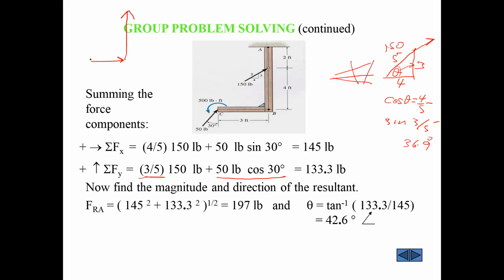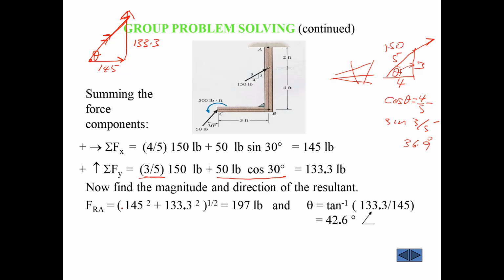If that goes up, it means that where we start from here up to that point, this is acting like the single resultant force, which is that line, and this is the angle that we want. So we know that x is 145 and y is 133.3, and you use tan. And the tan of that gives you 42.6, right? So you get the angle there.